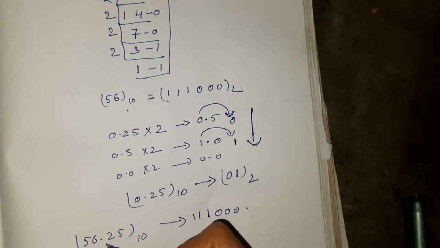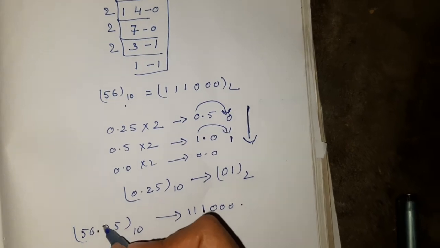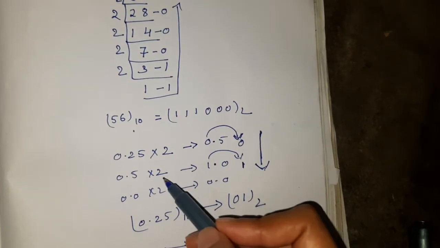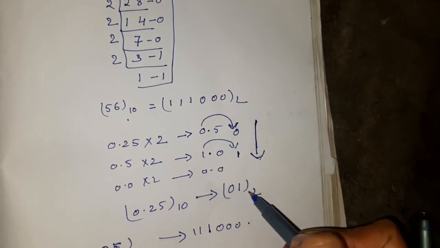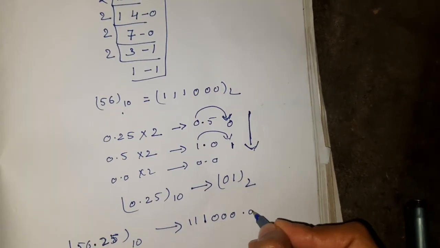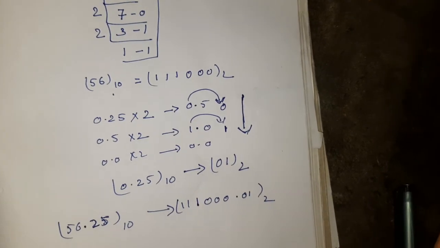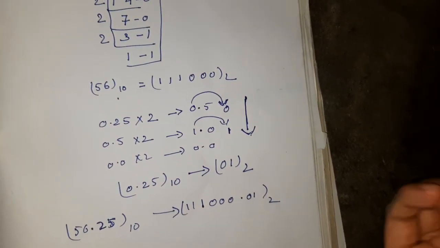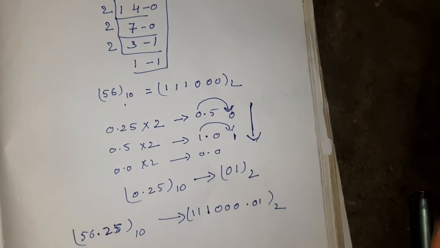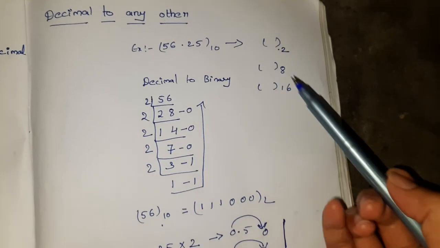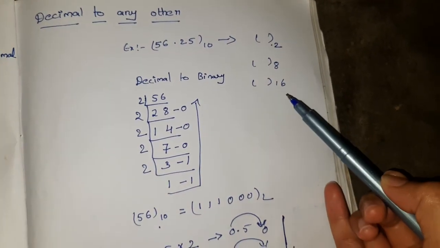Then we got the 0.25 in binary representation by the multiplication process, which is 01. So this is the process to convert decimal data to binary. Likewise, we can convert to octal and hexadecimal.